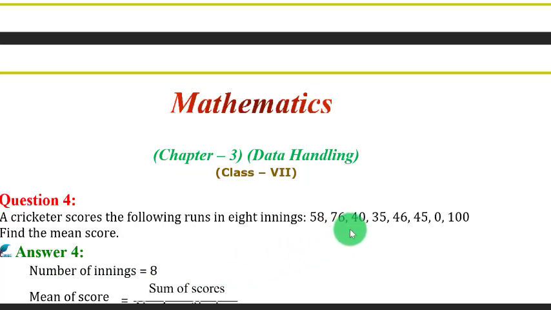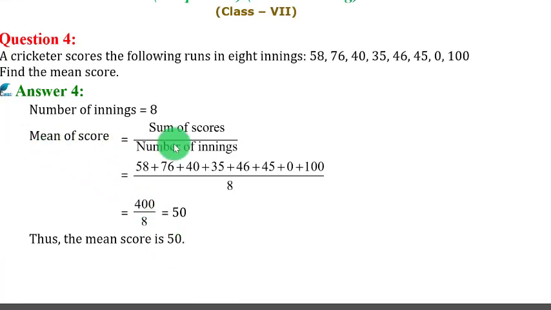Here there are 8 innings, so the number of innings is equal to 8 and the mean score is equal to the sum of the scores divided by the number of innings. So the number of innings is 8, so write 8 in the denominator, and the sum of scores will be written as 58 plus 76 plus 40 plus 35 plus 46 plus 45 plus 0 plus 100.